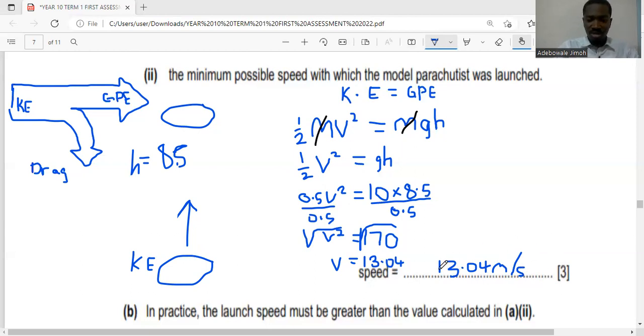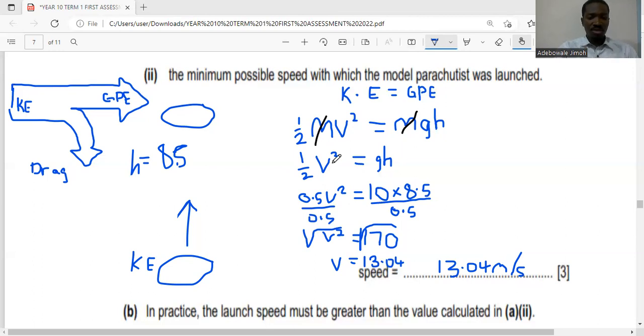Otherwise, if you launch it with 13.04, at the end, it will not give you the gravitational potential energy, because gravitational potential energy is not equal to kinetic energy. So if you give it a speed that ensures that the kinetic energy is 170 joules, by the time you subtract losses from the kinetic energy with which you are launching this model parachutist, at the end, you won't get 170 joules.